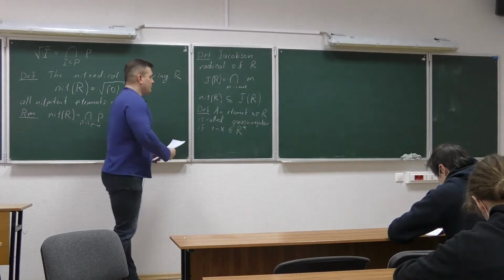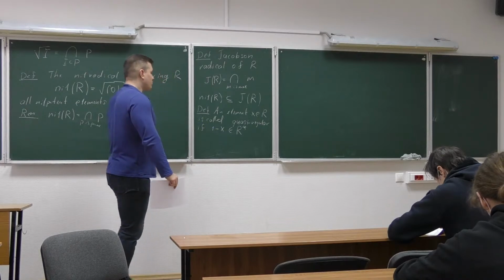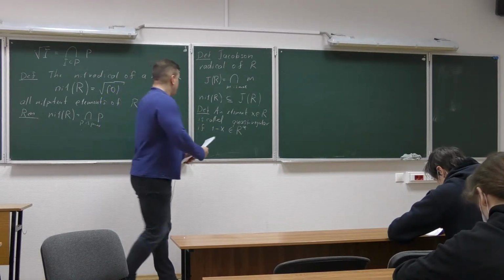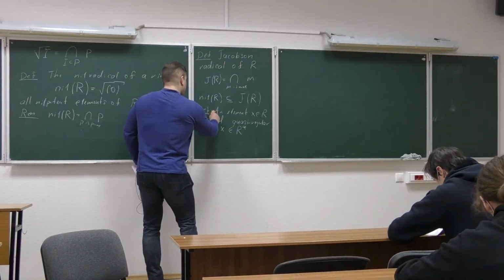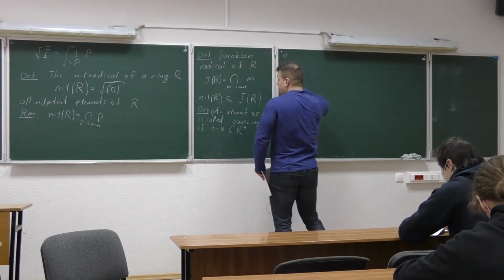I'm going to use the short notation R star for the set of all invertible elements, or in other words, all units of the ring R. So that's a definition of a quasi-regular element, and also I can give a definition of a quasi-regular ideal.